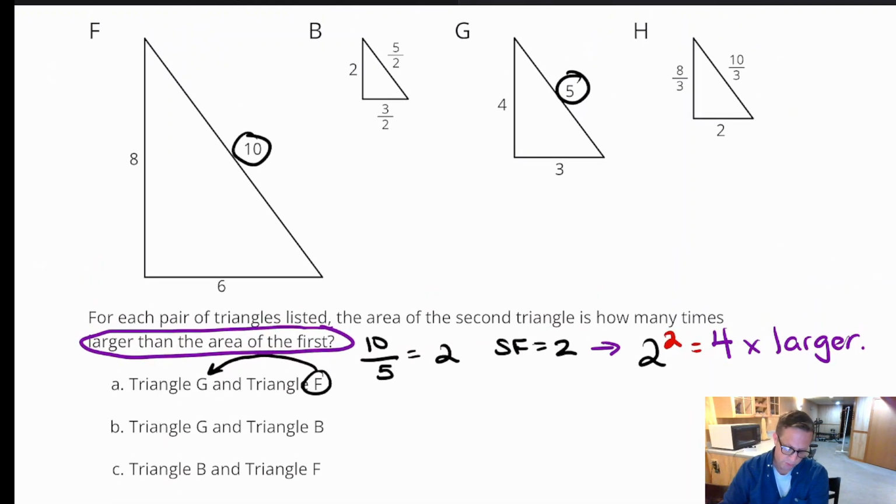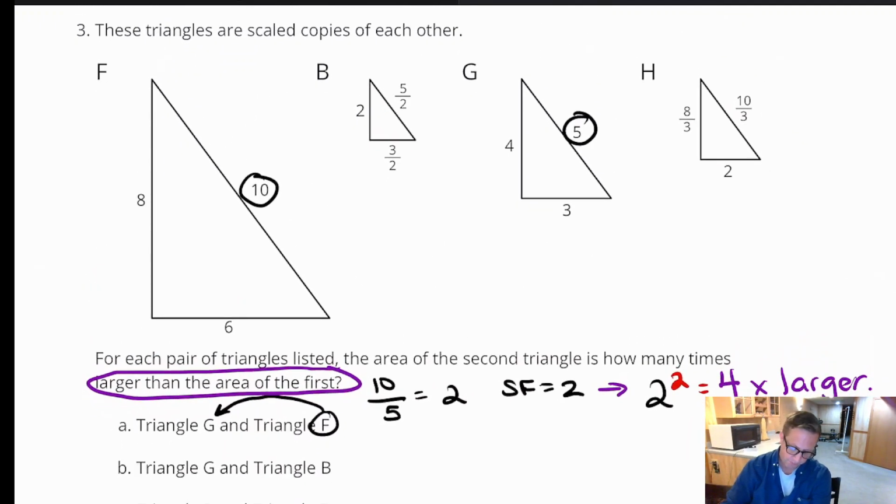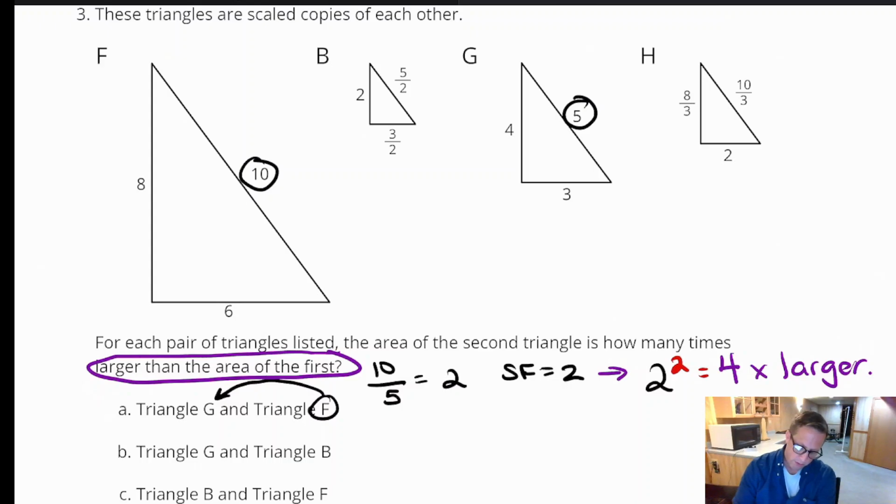Okay, so triangle G and B. Let me erase some of my markings here. G and triangle B. Right here there's a 2.